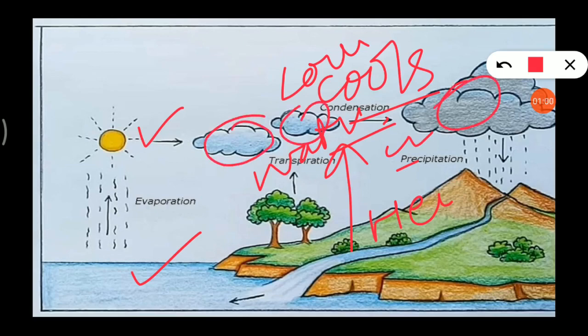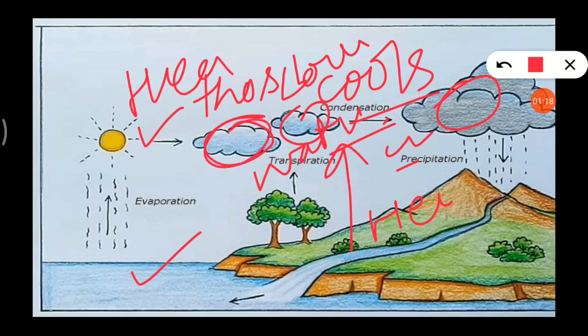And what happens, due to further cooling, those tiny drops join together and form larger droplets, and then after they become heavy, and these clouds cannot hold them, and then after they fall down in the form of rainwater or in the form of snow.